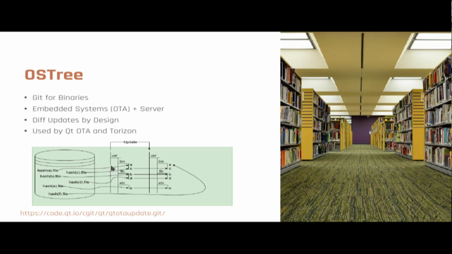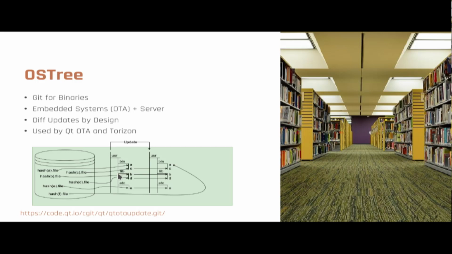Then your active system is basically just an assembly of links to the files that are inside your database. So this file A is pointing to this file C, and so on. And these are hard links, so this means these files and this file are exactly the same.